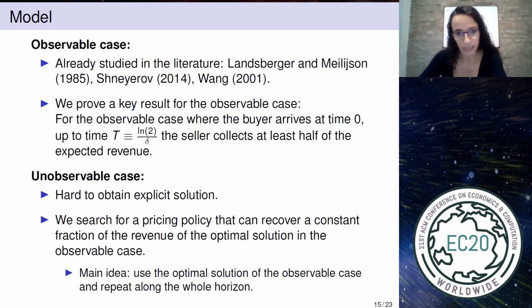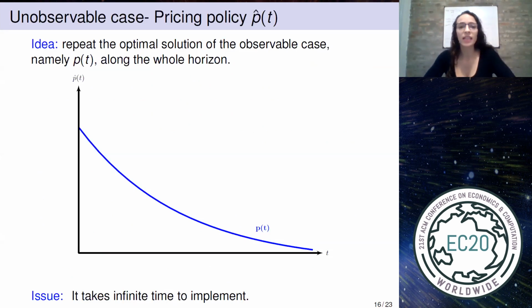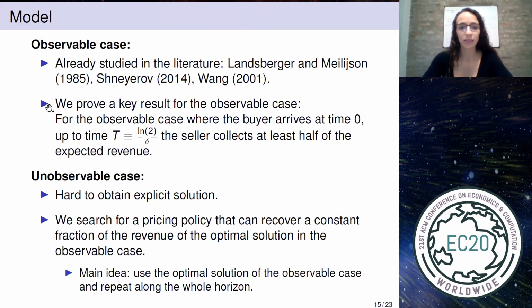Now we are going to describe explicitly this pricing policy we will need to bound the value of observability. The first idea was to consider the optimal solution of the observable case that we call P, and the idea is to repeat it along the whole horizon. So something like that. The thing is that to do that takes infinite time, and then to solve this problem, we use this key result.